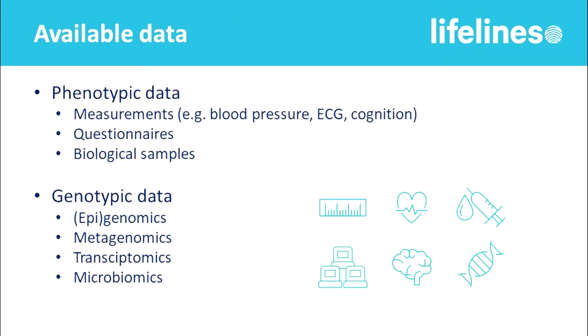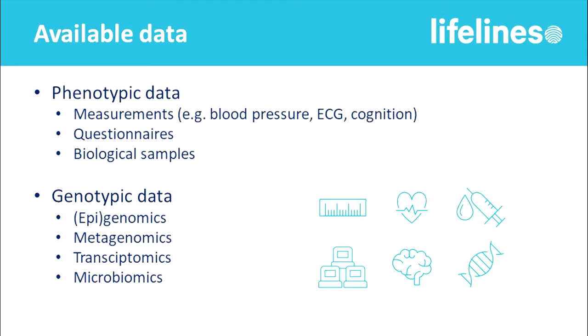Some examples of the available data, in regard to the phenotypic data, are the measurements that we do. People visit our locations, in which we measure the blood pressure, we do an electrocardiogram, we test for cognition and lung function. Of course, we also have the questionnaires that we send at regular intervals.